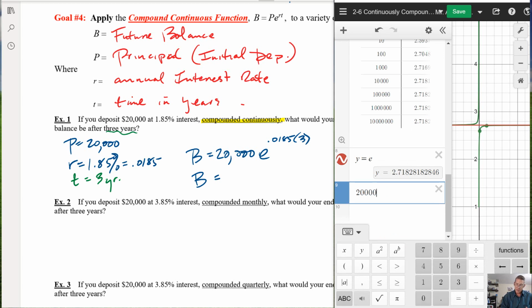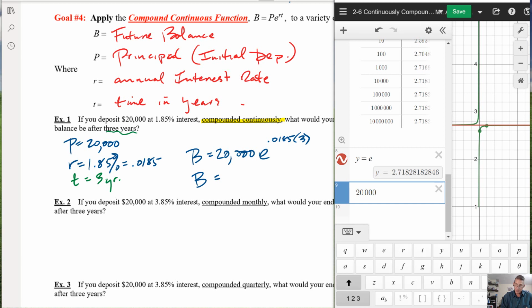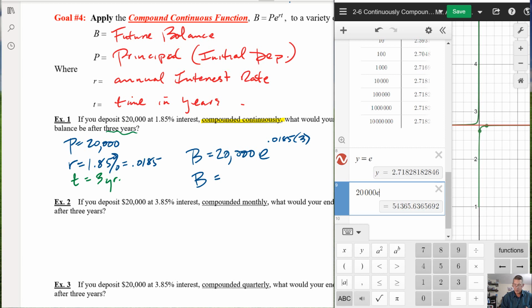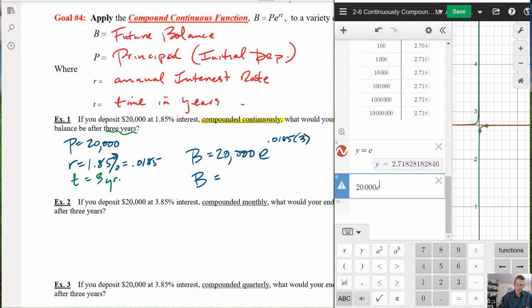Make sure you get the correct number of zeros there. And then you go to the ABC button, which is your keyboard. You type in e, or use your own keyboard. To the power of, so hit the a to the b button, your exponent button, and raise it to, and put this in parentheses now, 0.0185 times 3.